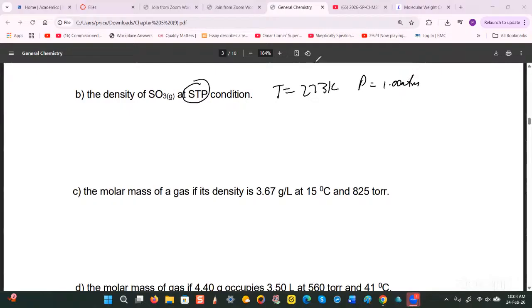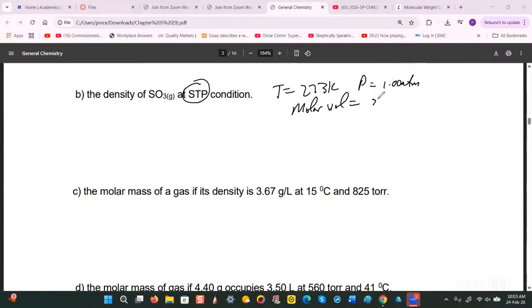And what you should know about all gases under STP conditions is that they all have a molar volume of 22.4 liters per mole. The molar volume is the volume per mole of a gas.